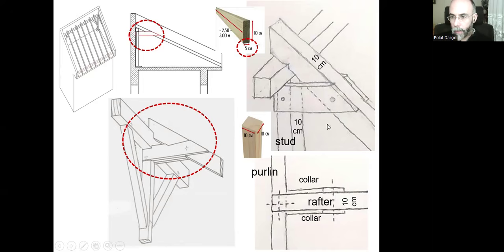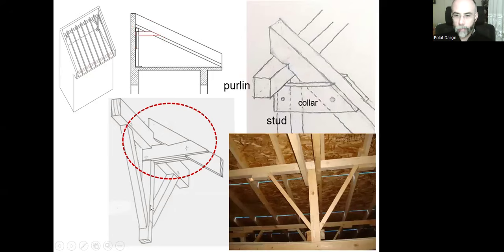That dashed line will symbolize the position of the bolt, and this dashed thick plus sign will symbolize the stud. Because we won't be able to see the stud itself, it will be blocked by the rafter and the purlin. That's why we need that kind of symbolization. The same example: the purlin underneath, there's the stud and the collars right on its two sides.